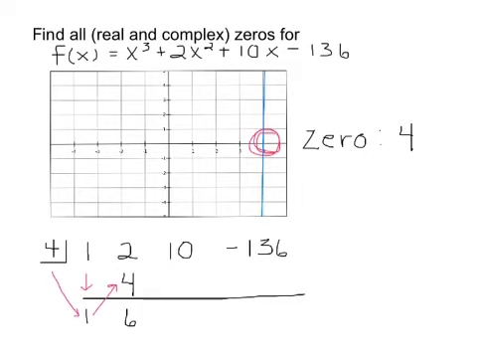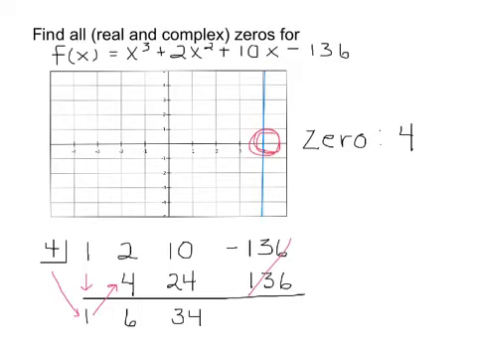So 4 times 6 makes 24. Adding 10 and 24 gets 34. Now 4 times 34 gets me 136, and lo and behold, those add to 0, which means we don't have any remainder. The zero of 4 divides evenly.